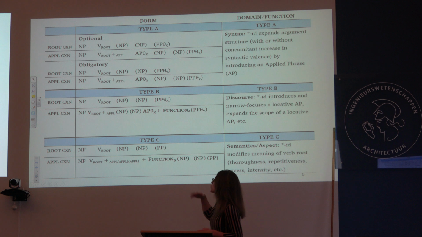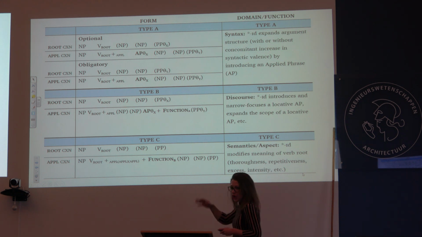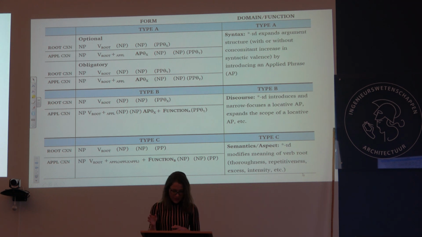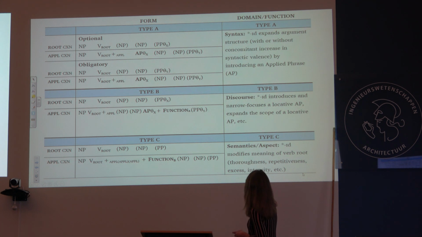The second function is a discourse one. Reflexes of this morpheme introduce a narrow focus, usually a locative applied phrase. They can also expand the scope of a locative applied phrase, etc. I'm giving you here also a simplified view of the situation.